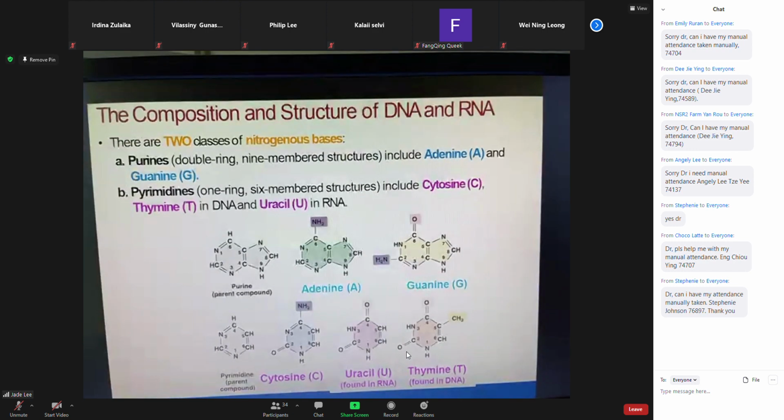That's the main difference also between RNA and DNA. Clear?